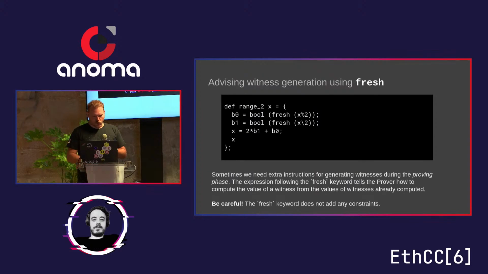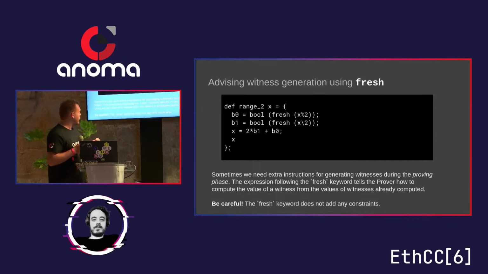Okay, just one more concept I want to make sure that we look at is this keyword called fresh. An arithmetic circuit is not really a program. It does not know what values are inside these variables.